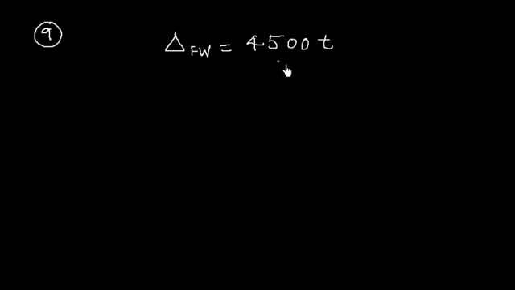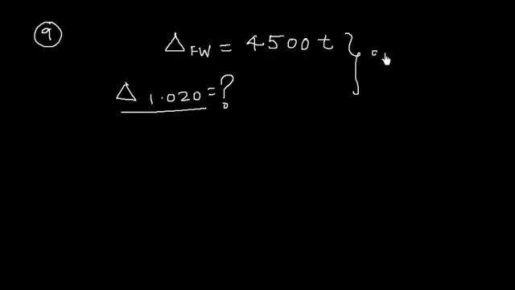So I can write that the fresh water displacement is 4500 ton. Find her displacement at the same draft in dock water of RD 1.020. What is going to be the displacement keeping the draft the same?